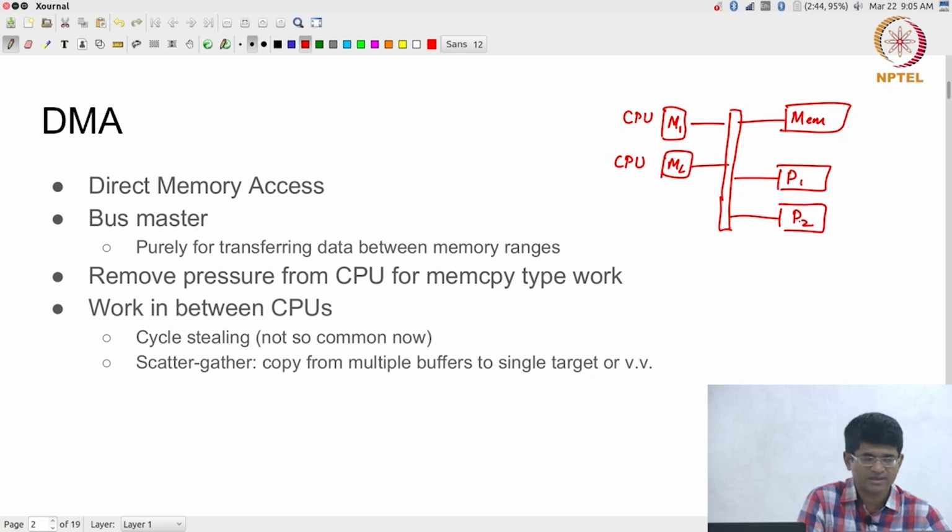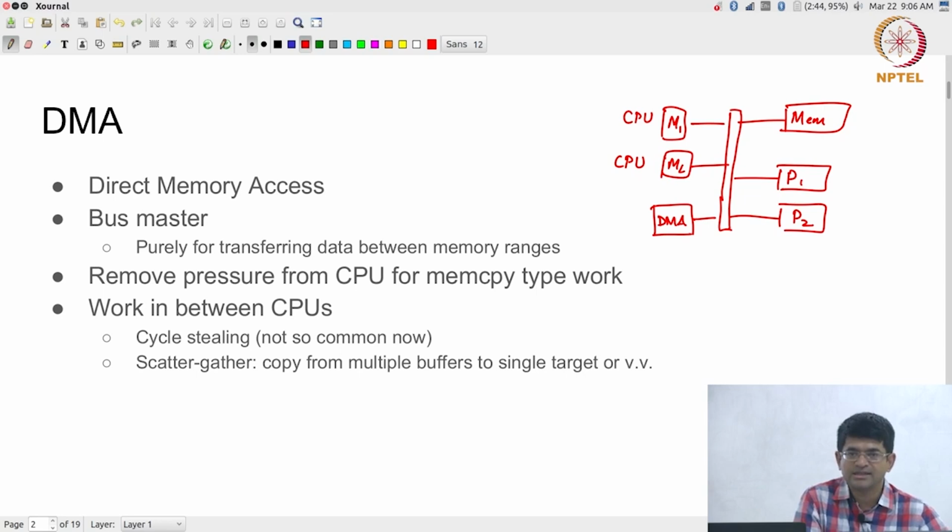Not quite that much, because the actual CPU to memory bandwidth is usually an order of magnitude or more higher than what Ethernet can handle, but still it becomes appreciable. The CPU is going to spend so much time transferring data that it cuts into the useful work that it can do, right? So here a new kind of bus master is introduced, called a DMA unit, right?